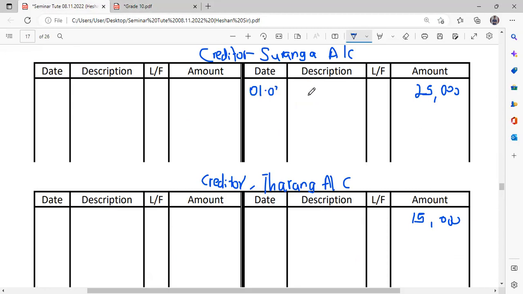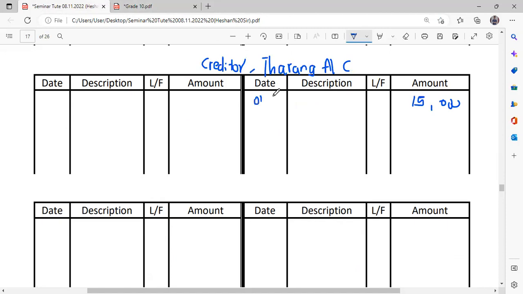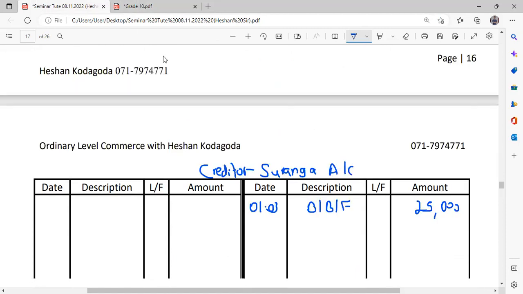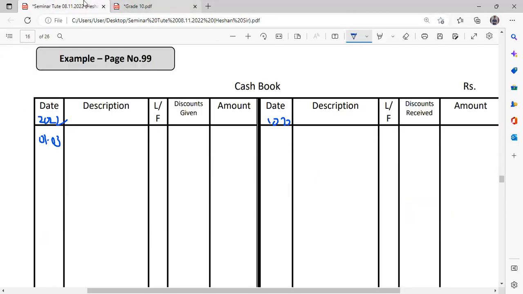March 1st, balance brought forward, right? Okay, now this is the cash balance, amount 80,000, not in the discounts given column but the amount column, balance brought forward.